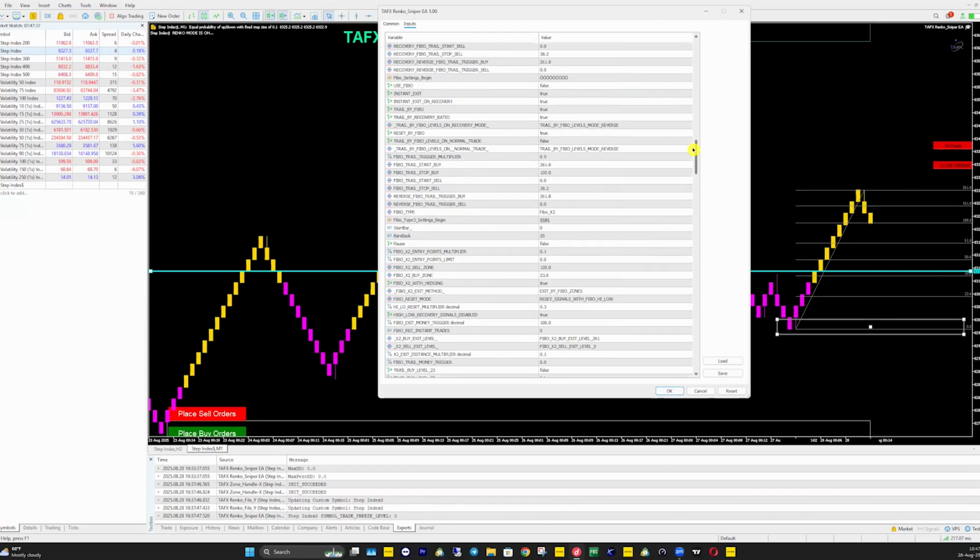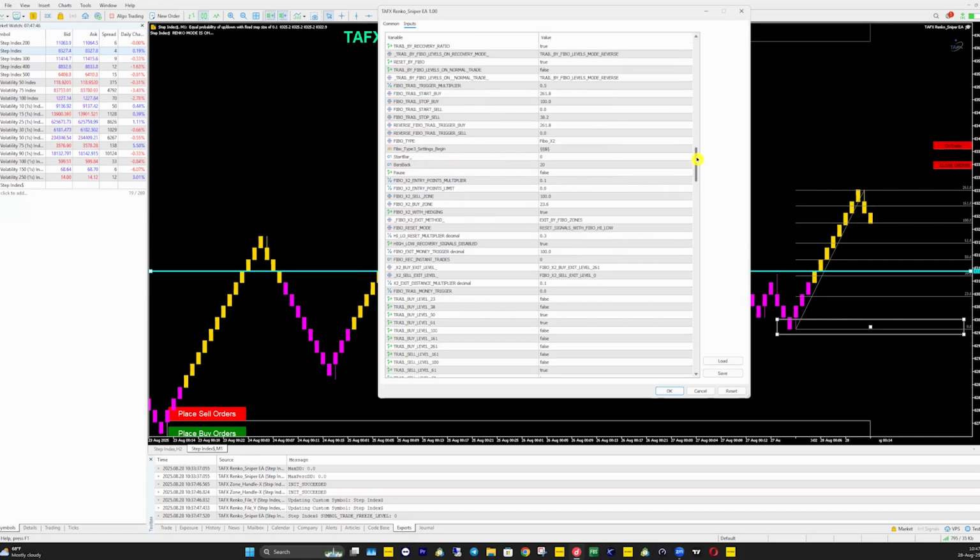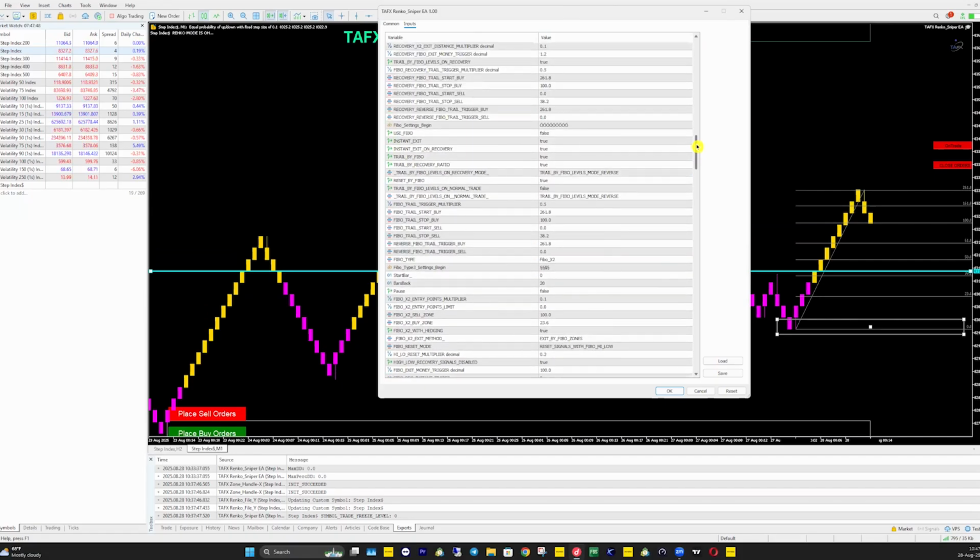So if we go straight here, the setup of a Fibo, you can see them there, but let's go direct to our exit setup. You can see here we have the instant exit. If we set the instant exit to true, we are activating exit with these levels.